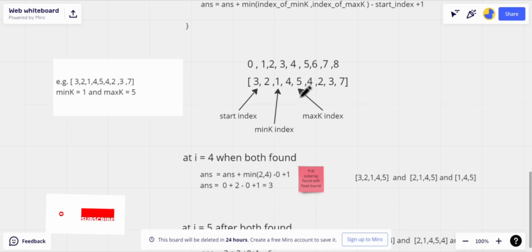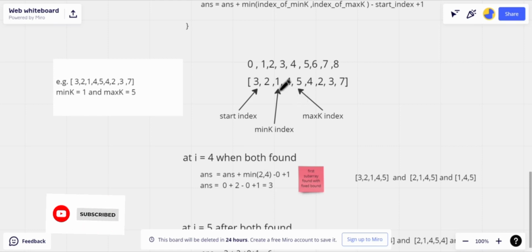Suppose you are at index 4 when you found the maximum. Here you found both the minimum k and maximum k at this index. Now what happened? You have to update your answer. How are you updating? You have to take these two elements and the difference of the two elements and then this subarray. What you can do is take the minimum of the index of both of these elements, 2 and 4.